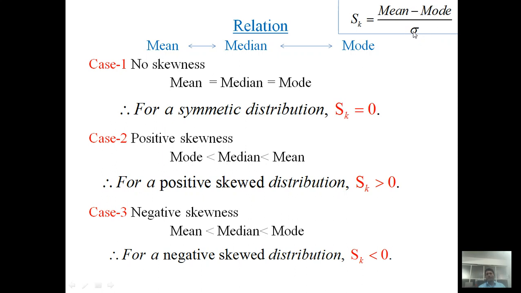Remember, the denominator is always positive because standard deviation is a positive square root of variance. So the numerator is negative, the denominator is positive, so the overall term is negative. So Sk is less than 0 when there is negative skewness.